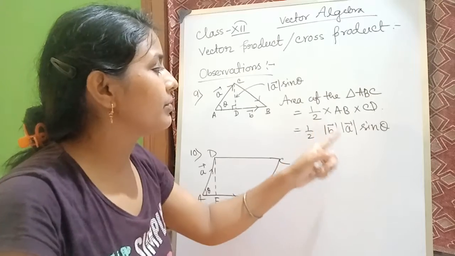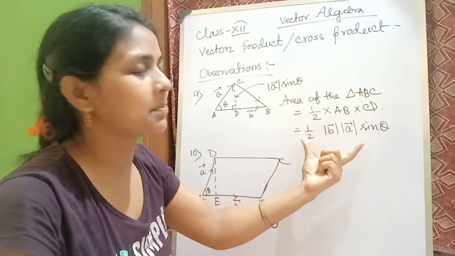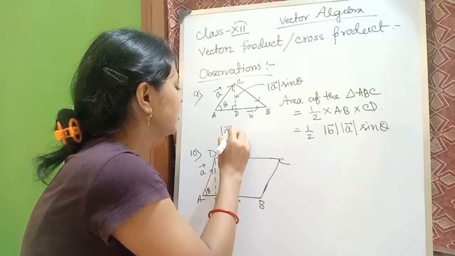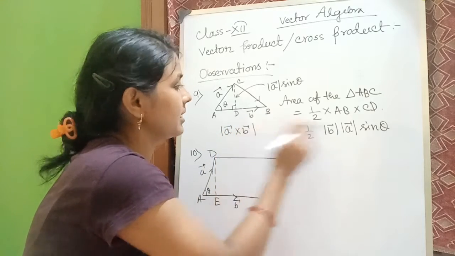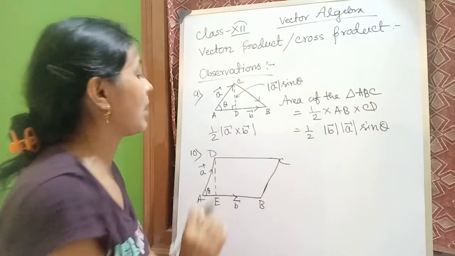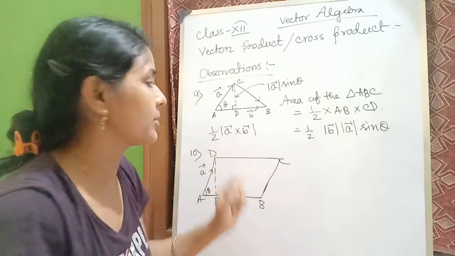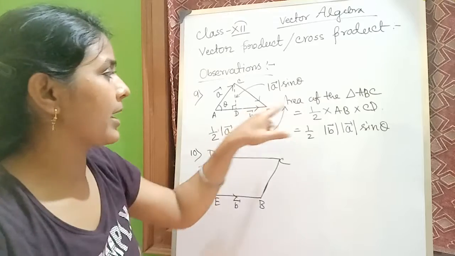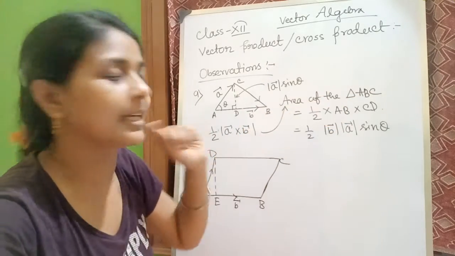Now we all know that this part is actually mod of A cross B. That means half into mod of A cross B. This is the vector formula for finding the area of a triangle.